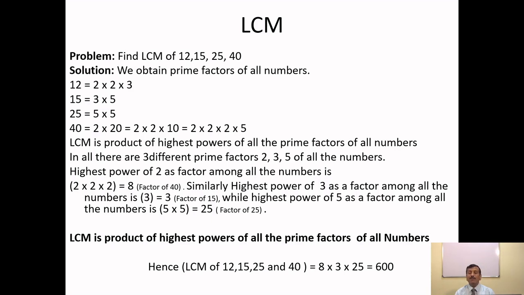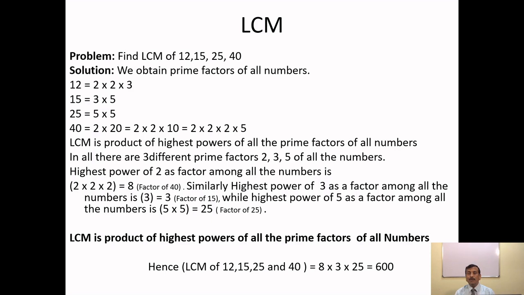While for the highest power of 5, in 12 there is no 5, so it's 5 raised to 0. In 15, it is 5 raised to 1. In 25, it is 5 raised to 2. And again in 40, it is 5 raised to 1. So in 25, we got 5 raised to 2. So 5 raised to 2 is the highest power of 5.